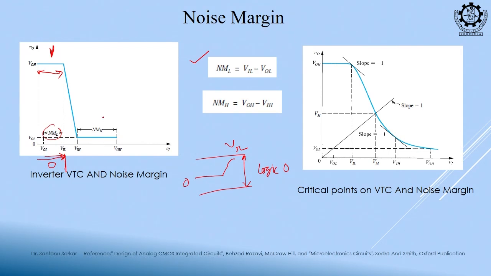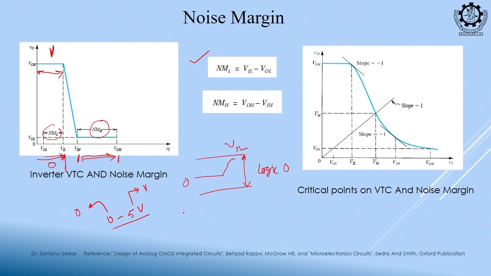Similarly, on the high side you see, after it crosses VIH up to VDD, when the input is in this range, my output is 0. So, this is my margin for the high side. In this range my input will be treated as logic high. For example, suppose you have 0 to 5 volt. So, 0 volt means logic 0 and 5 volt means logic 1.